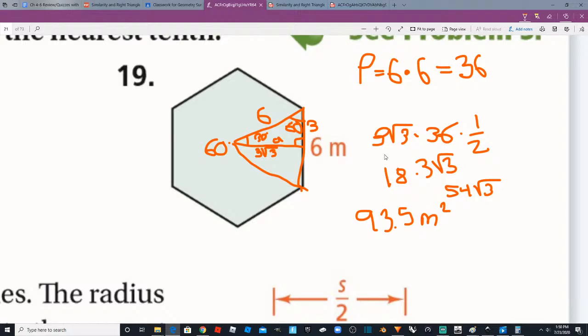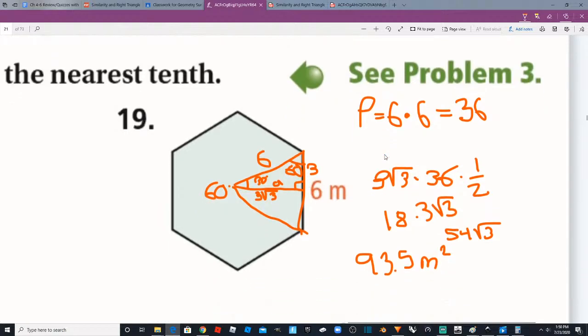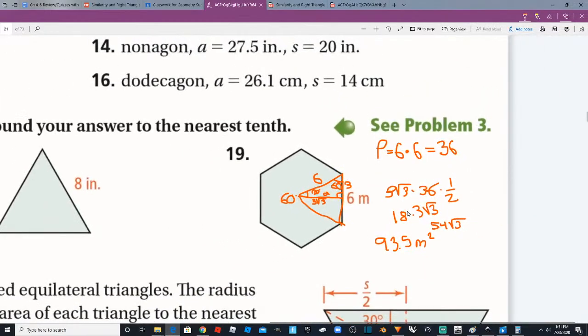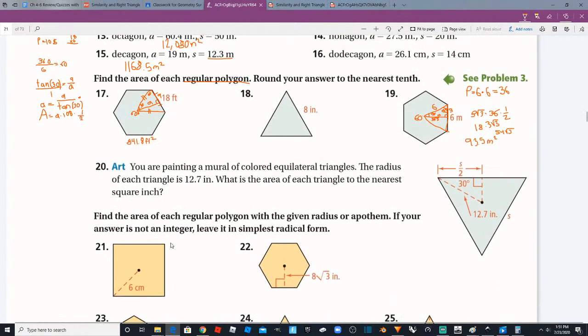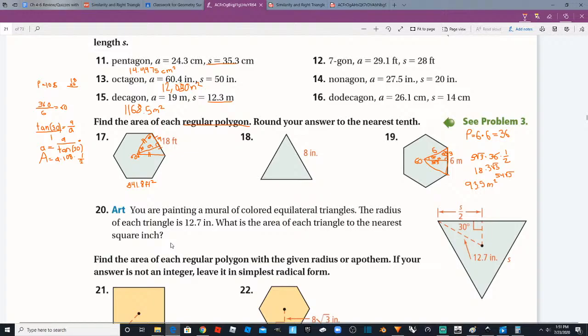Obviously, I don't think they're gonna say to give it in a radical, because you can't really use radicals when doing trigonometry, at least of what we're being taught. We can only use that long decimal we get and round it off. So that's a benefit of the 30, 60, 90, along with it just regularly being easier.